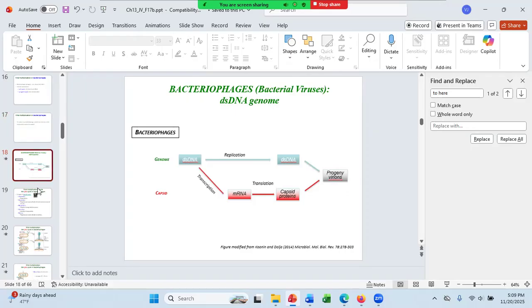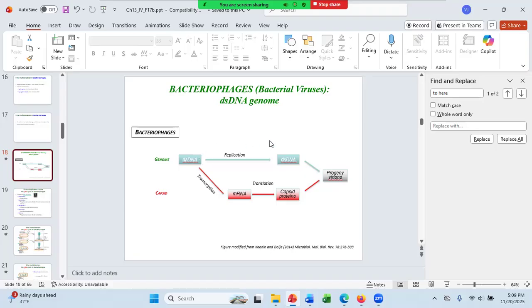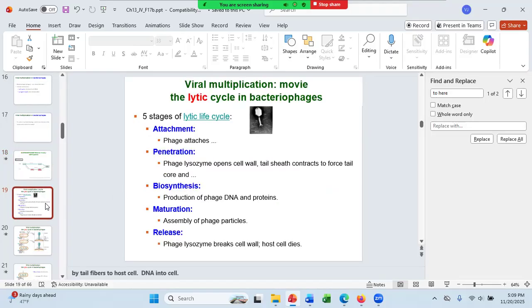Yeah, it needs to replicate its genome. For this slide, I'm just showing it as double-stranded DNA, but it needs to replicate its genome. It also has to make a minimum of the capsid proteins which go around the genome, because all viruses have capsid protein around their genome. So this is a minimum of what the bacterial virus must do in order to replicate.